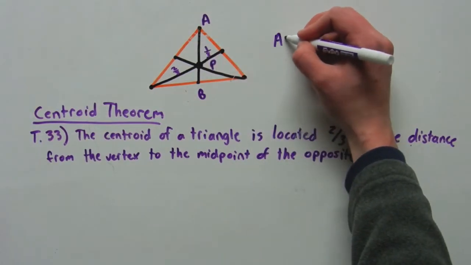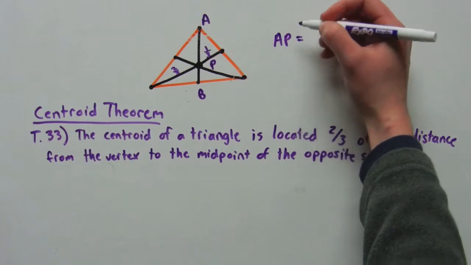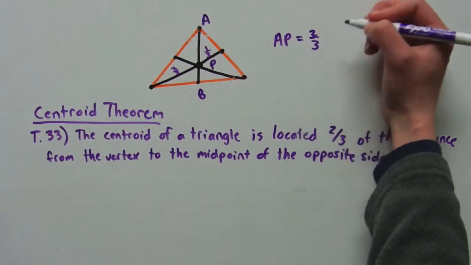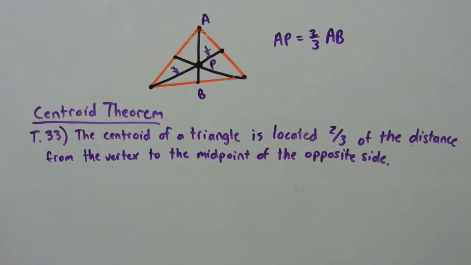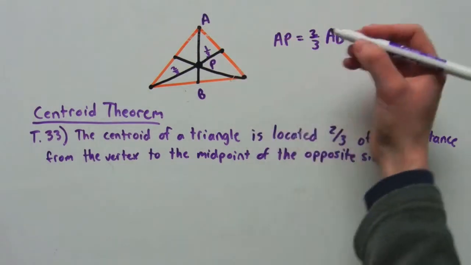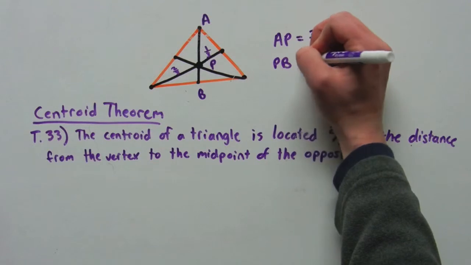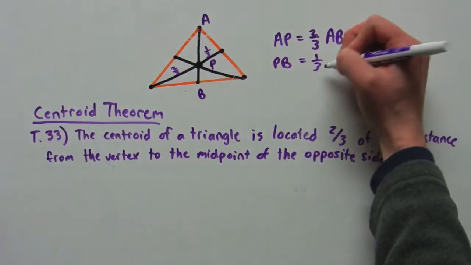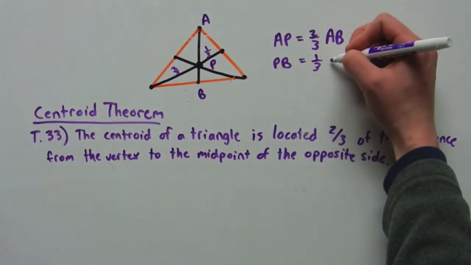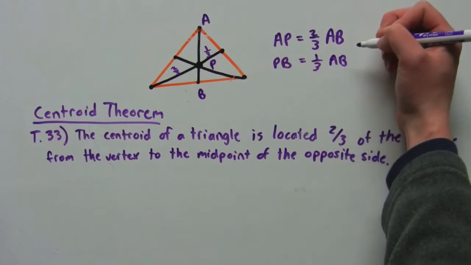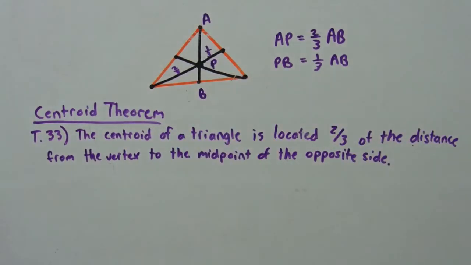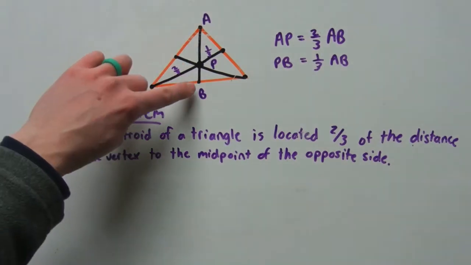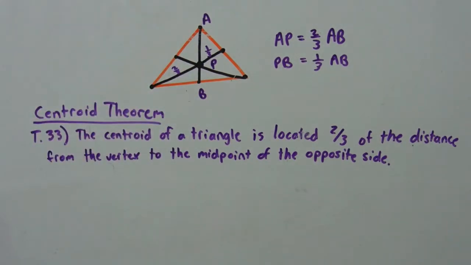So AP is equal to 2/3 of the distance from A to B. And PB is equal to 1/3 of the distance from A to B. So the centroid is located 2/3 of the distance from the vertex to the midpoint of the opposite side.